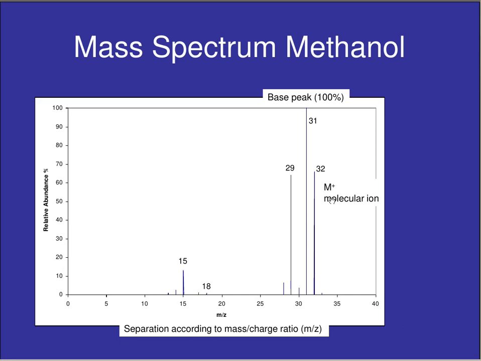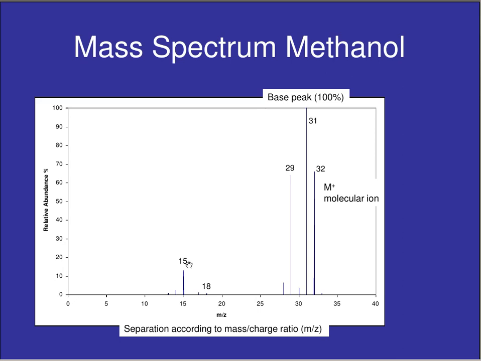But what is interesting about methanol is that it has been provided with enough energy during this impact process that it starts to fragment, it starts to break apart. And so in the mass spectrometer, you're not only seeing methanol of mass 32, but you're seeing a mass 31, mass 29, and a mass 15 coming through.